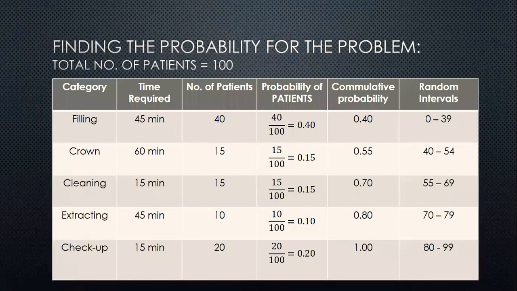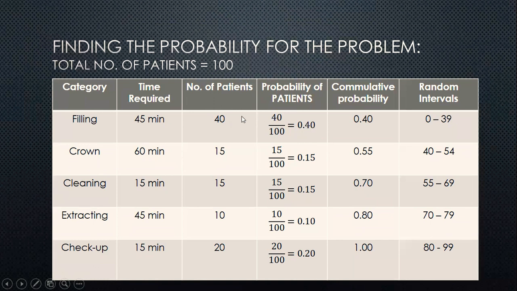So here we go. First of all, we have the category of filling. Filling requires 45 minutes and there are 40 patients. By adding the number of patients, we come to know that we have 100 patients in total in the clinic. So by dividing the number of patients by the total patients, the filling probability is 0.40.